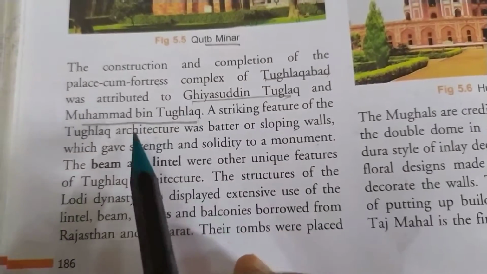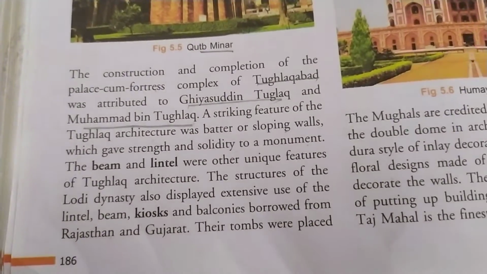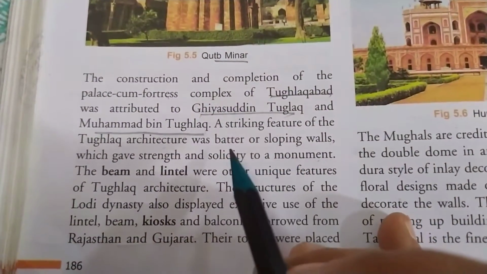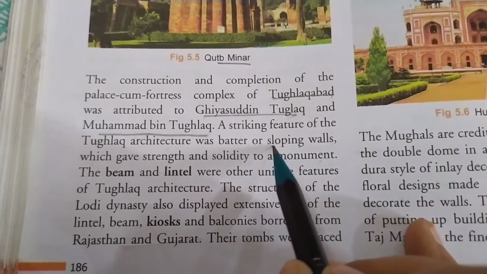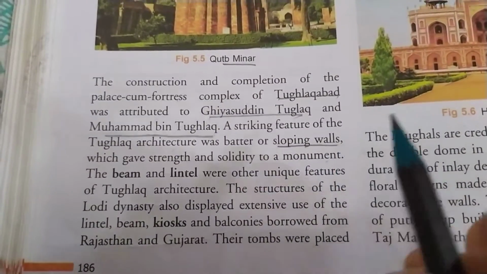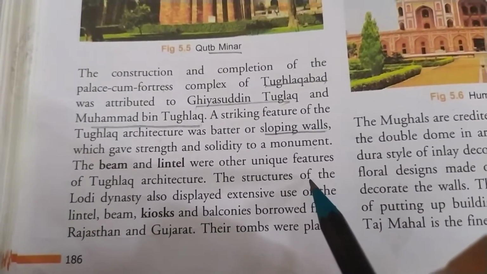So in the Tughlaq dynasty, the monuments were quite different from the Delhi Sultanate. That means the Tughlaq architecture is basically based on sloping walls. The walls are totally different from the other monuments made during the Delhi Sultanate.